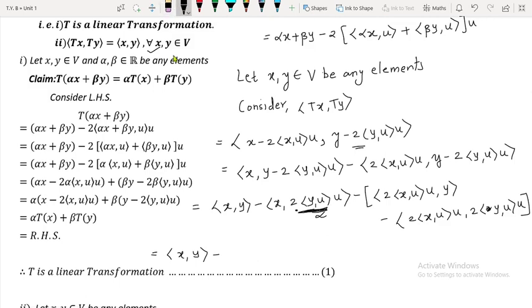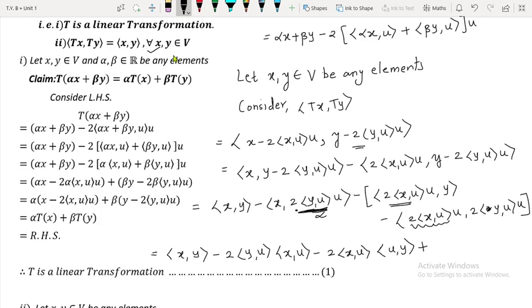This is twice inner product of y with u, that is our alpha, and inside inner product of x with u, minus, now what will be this term? Again you can take this twice inner product of x with u out, so minus twice inner product of x with u is out, and inside what is left is inner product of u with y. Now this minus and minus will become plus.